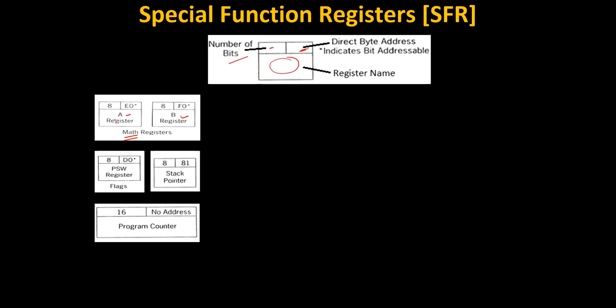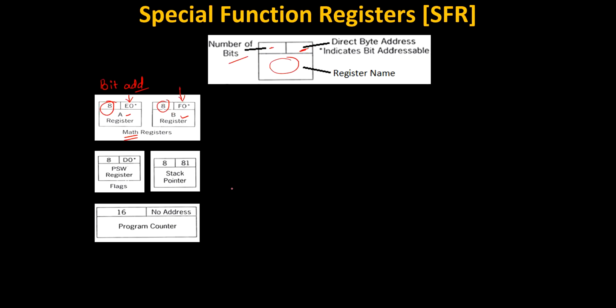This is the accumulator register and this is the B register. Both are 8-bit registers and both are bit addressable registers. Remember, we can address these registers by bit. This is the starting address of the A register, which we can access directly by using E0, and the B register I can access directly by F0, as an address in the RAM area.